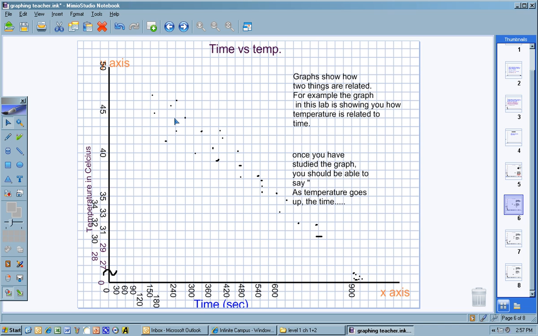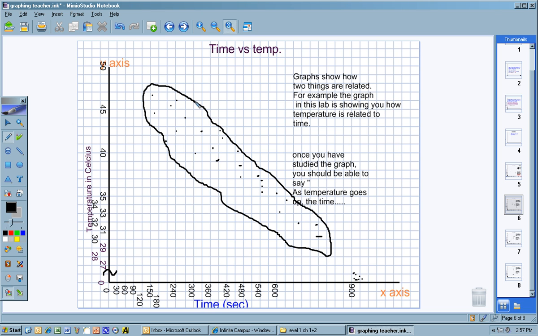They don't open at precisely the right moment. So there's a range. Instead of a nice straight line, you get this kind of oblong shape. It looks like they're all in this great big circle shape, this oval.